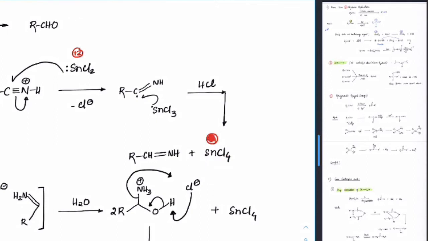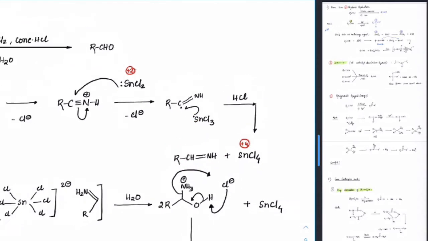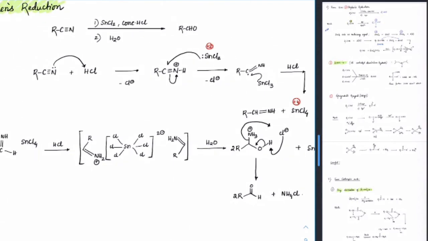That's how it is increasing its oxidation state from +2 to +4, and by bonding that, it is forming an imine. So that's how the imine is actually forming.